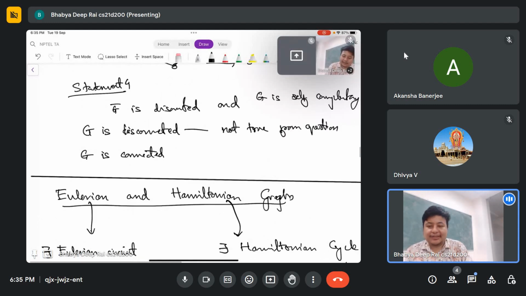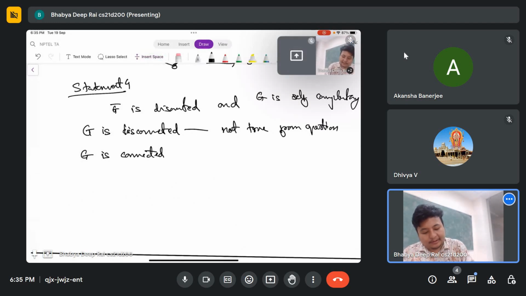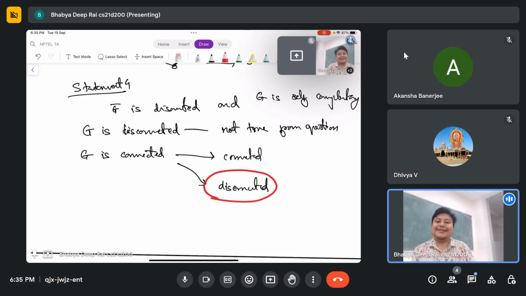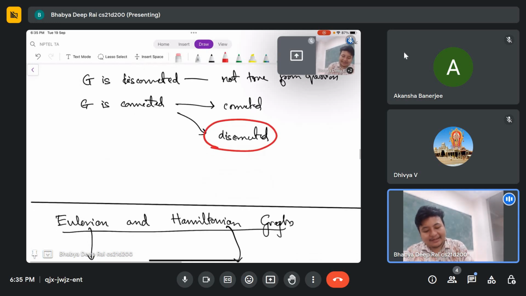If G is connected, then we know that on complementing we can get a connected graph or a disconnected graph. The statement says it is disconnected, but how can you say some graph is isomorphic to another graph such that the first graph is connected and the second is disconnected? This is the first graph.